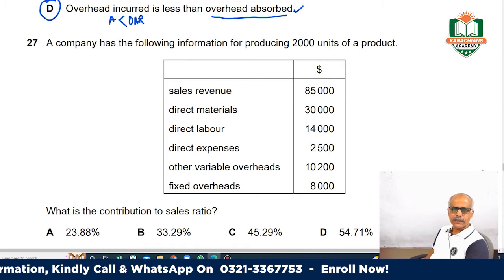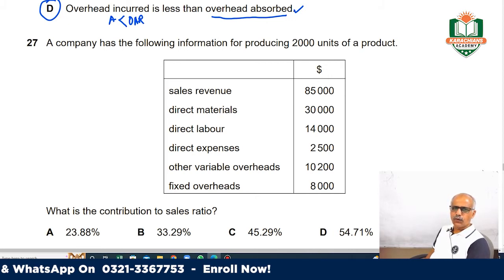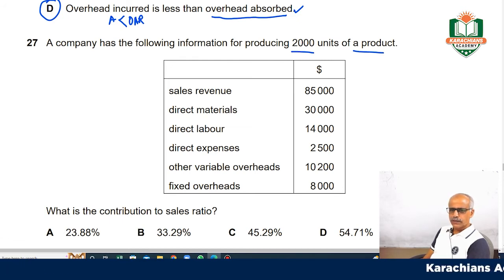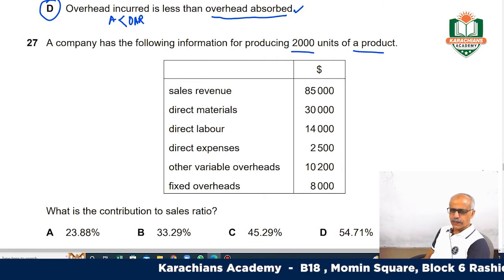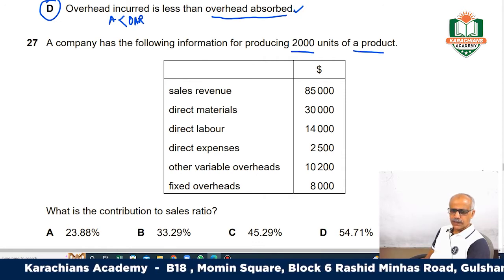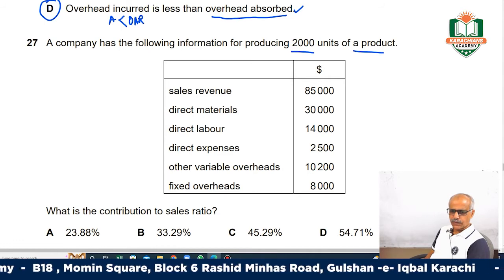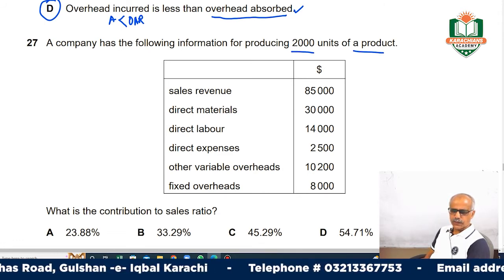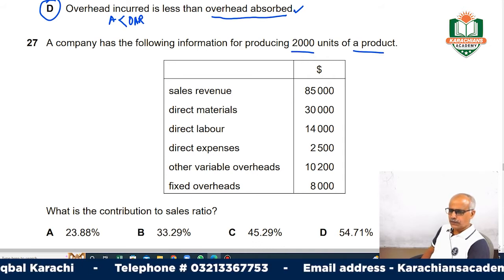Question 27 says: a company has the following information for producing 2000 units of a product, only one product. Sales revenues, direct material, direct labor, direct expenses, and other variable overheads, and this is fixed. What is the contribution to sales ratio? This is a very simple question.